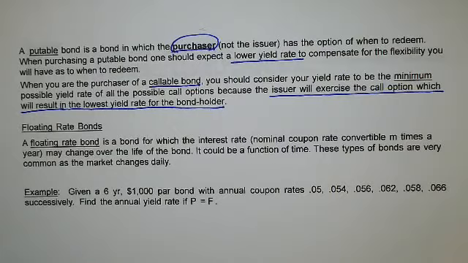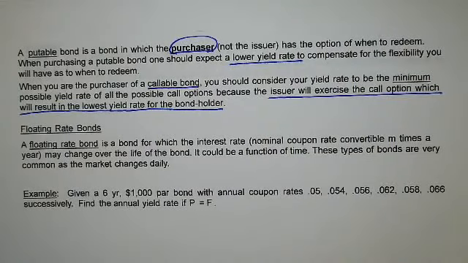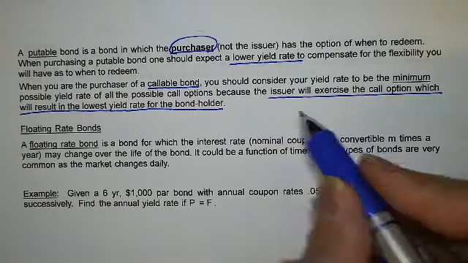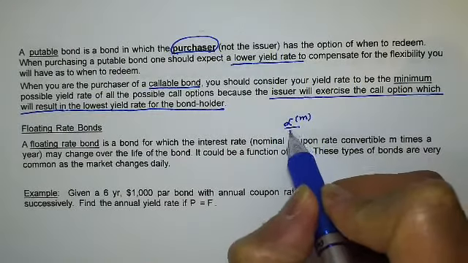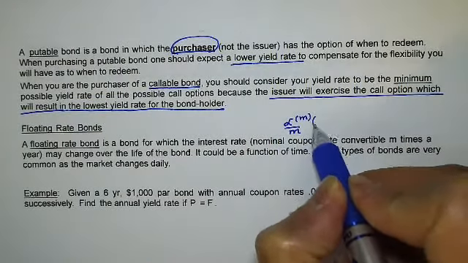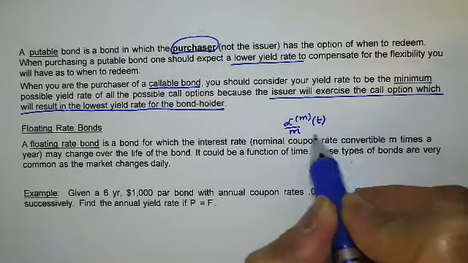Next, we talk about floating rate bonds. A floating rate bond is a bond for which the interest rate, meaning the coupon rate, convertible m times a year, changes over the life of the bond. So alpha m over m of t.